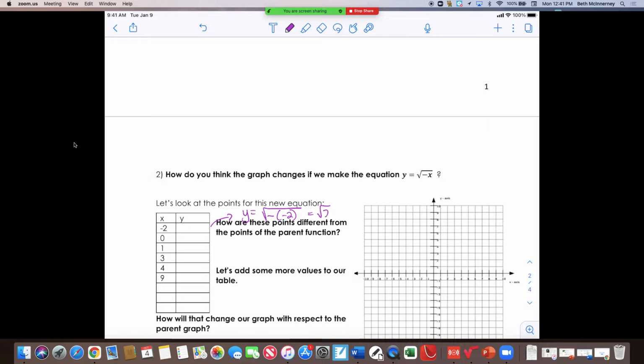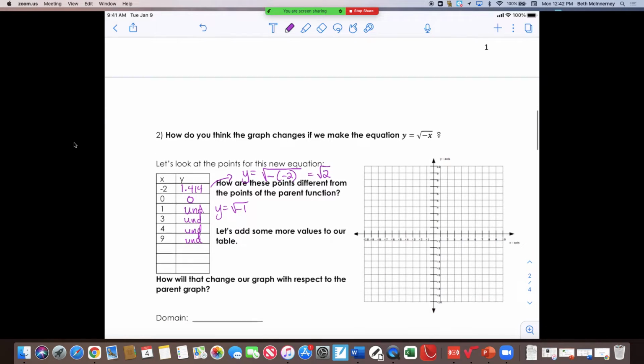That's allowed, isn't it? That's actually the square root of 2, and that's 1.414. Uh-oh, then what happens when I do y equals the square root and I make it negative 1? That's undefined. All of these are undefined.